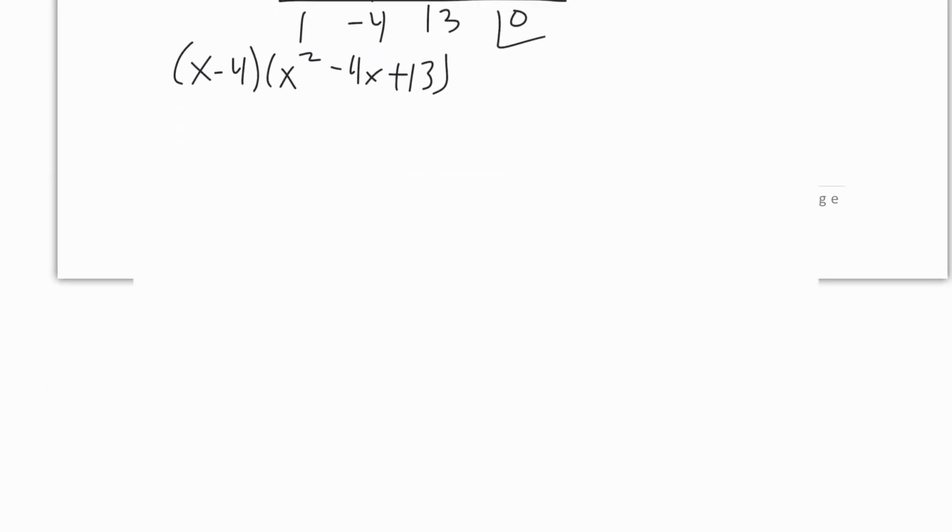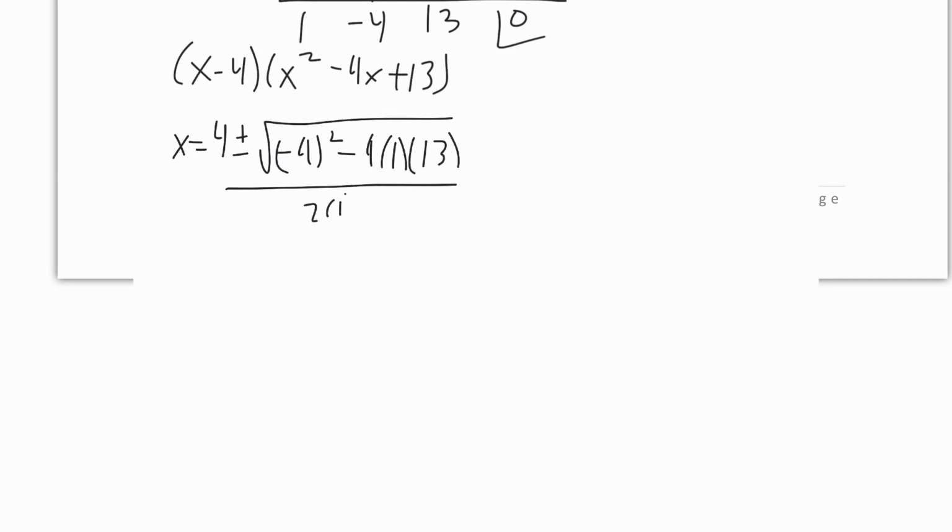We'll get x equal to 4 plus or minus the square root of -4 squared minus 4 times 1 times 13 over 2 times 1. So 4 plus or minus, well, it'll be 16 minus 52.